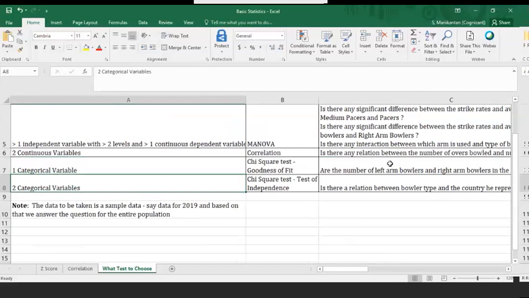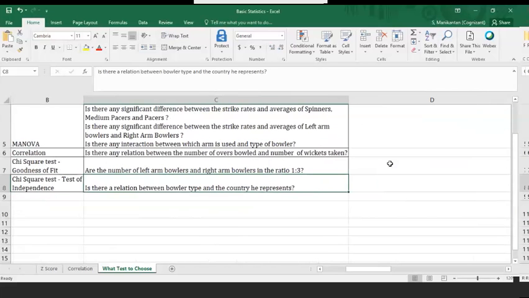Now, you have two categorical variables. You go for chi-square test with test of independence. So this is my question. Is there any relation between bowler type and the country he represents? Meaning my expected value would be, in case these two are independent, what I would expect is the number of pacers are evenly spread across all countries.